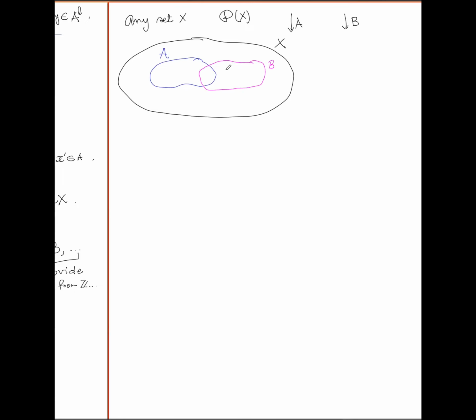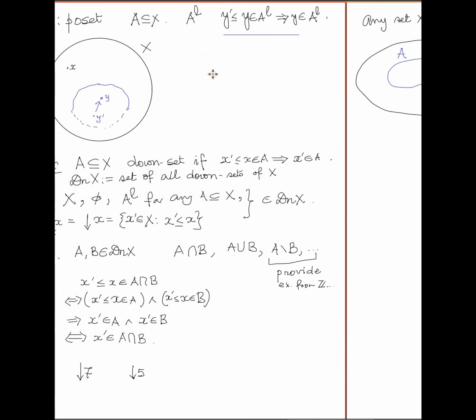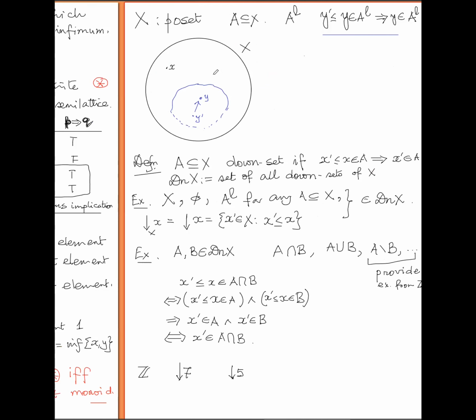So one downset has all the subsets of B. And the other one has all the subsets of A. So what will be in the intersection? Well, the intersection should have all the subsets of this. So all the subsets of this should be over here because they are less than both A and B, right?